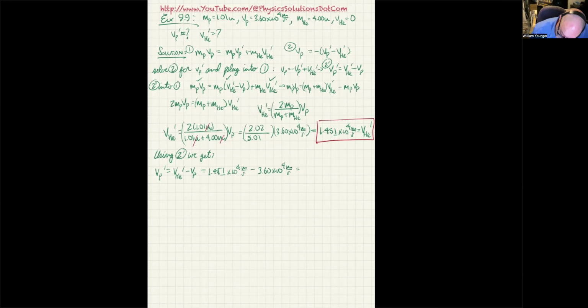That gives me negative 2.149 times 10 to the fourth meters per second is VP prime.